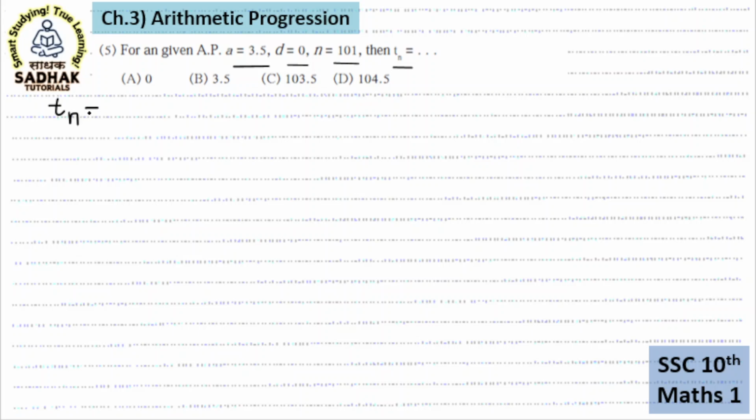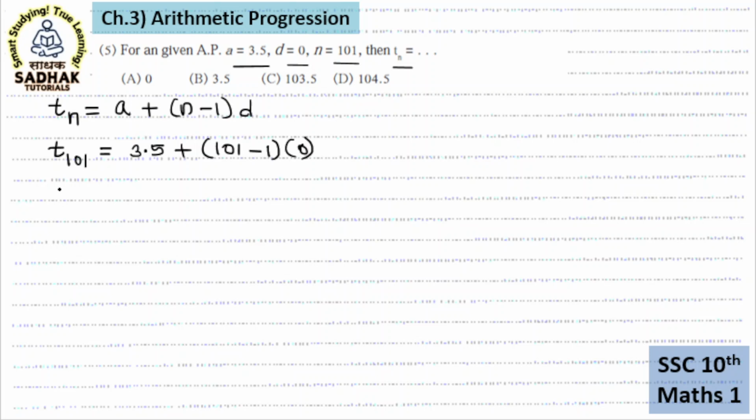Here we will use the formula of Tn, that is Tn is equal to A plus n minus 1 D. Here n, as we can see, is given as 101.